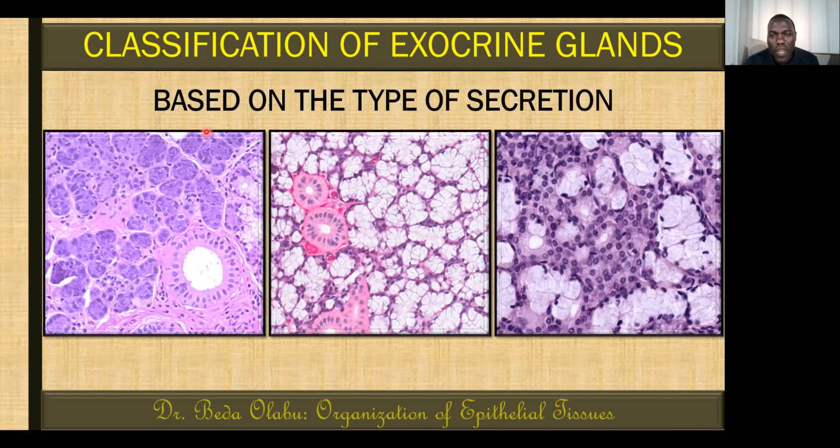So we can classify exocrine glands based on the type of secretion they have. If a gland is predominantly staining, like this one, it means that the secretion is largely watery, and so we call it a serous gland. So these are serous acini. Well, there are a few mucus acini there, but most of them are serous acini.